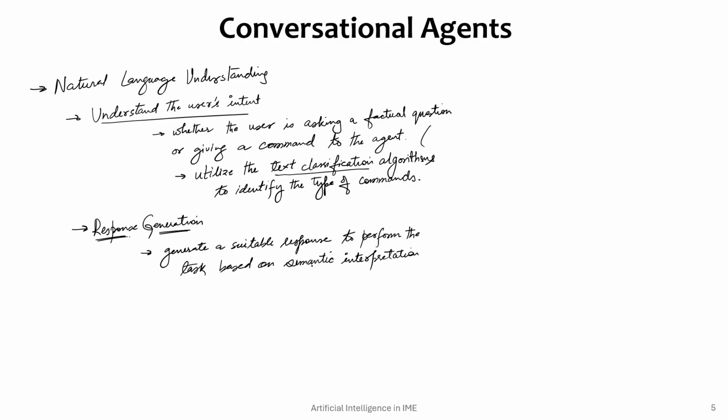So we already talked about what is the semantics and what is the context of a simple language, any kind of language, right? So this is where your conversational agents will utilize those foundational blocks, and it will try to understand what was the semantic interpretation of your task that you have given through speech, and then it will utilize it to generate the result, and then it will give the response.